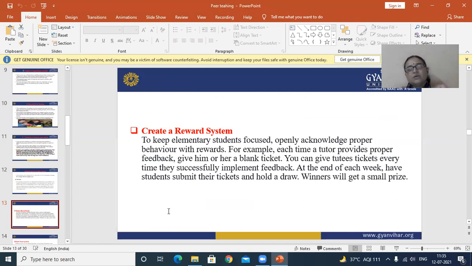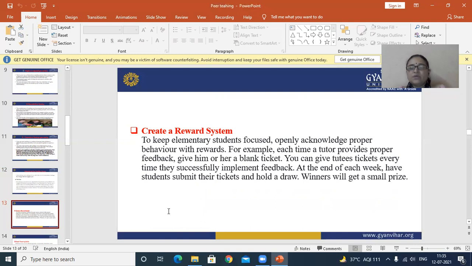Create a reward system to keep elementary students focused. Openly acknowledge proper behavior with rewards. For example, each time a tutor provides proper feedback, give him or her a blank ticket.